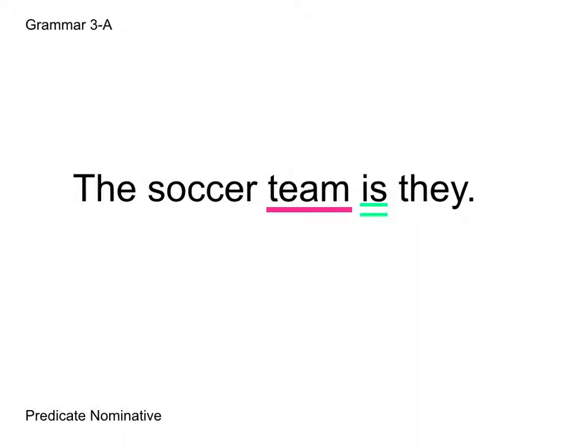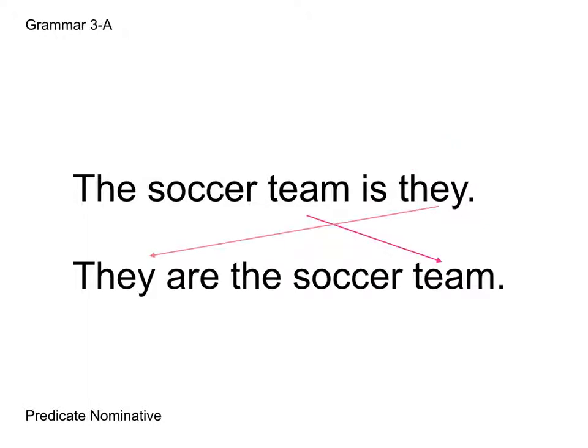So what is they? It is a pronoun. It's also in the predicate. What is the function of that pronoun? Well, it is renaming the team. Therefore, it is our predicate nominative. So if we once again switch this to be a new sentence, they are the soccer team, notice that it means the same thing.